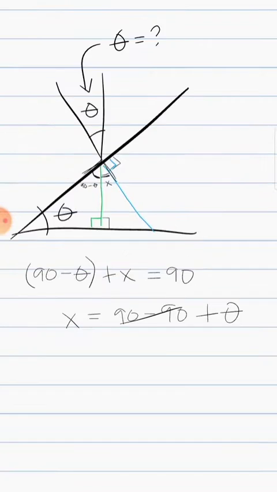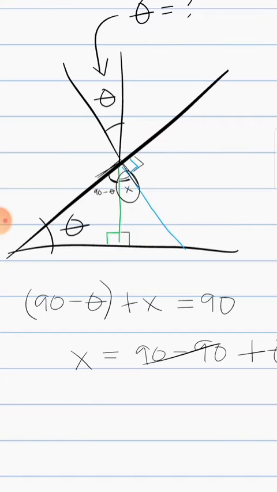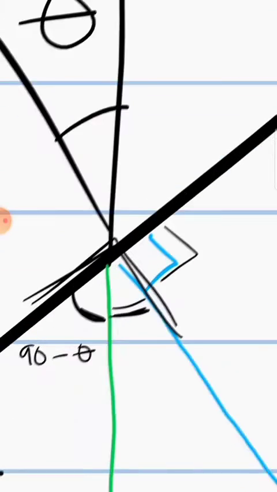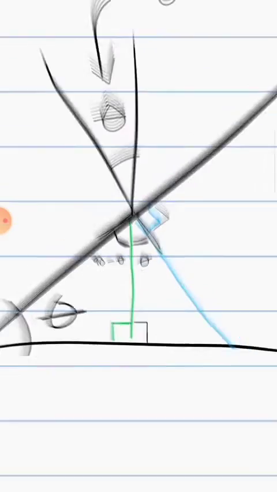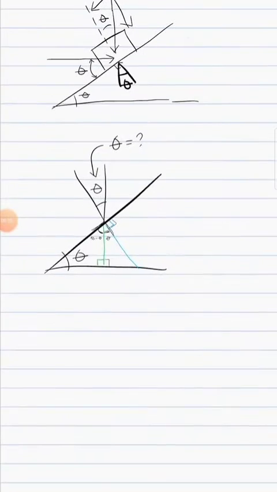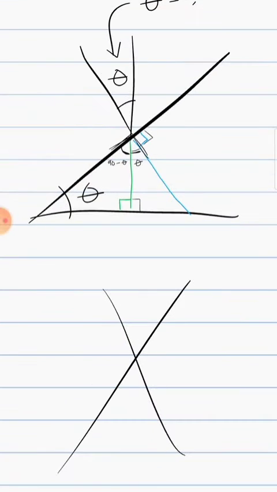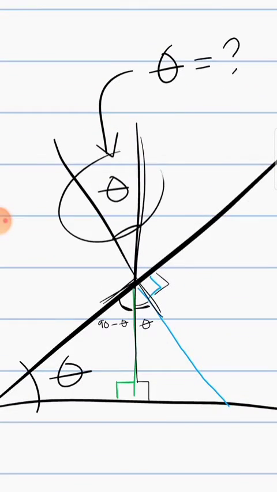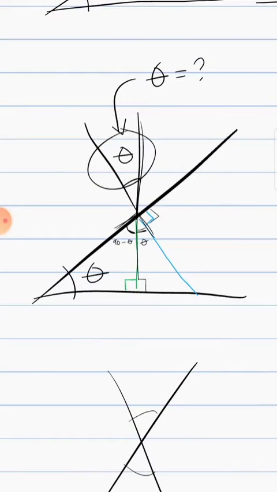So therefore, x would be equal to theta. And from the knowledge we learned a while ago that vertical angles are congruent, since this angle is that angle, this one also becomes theta.